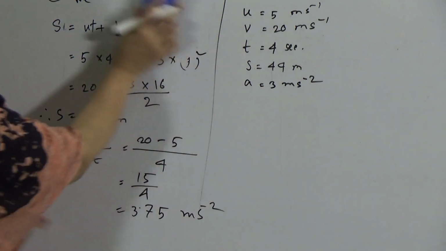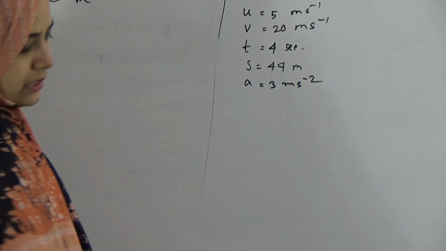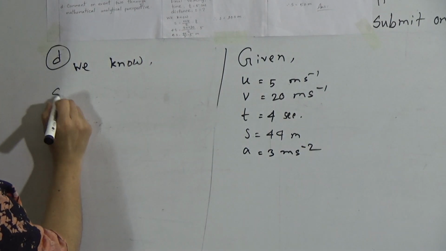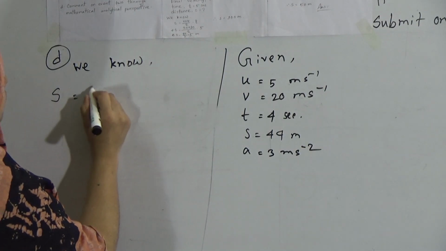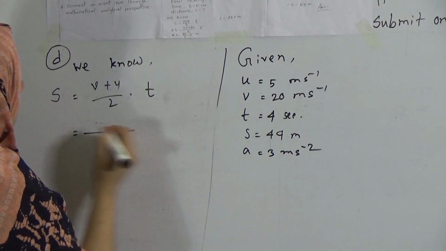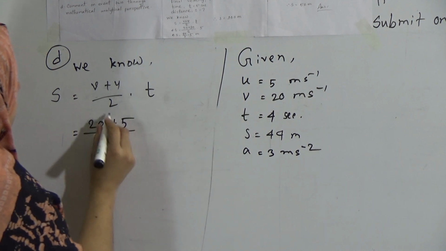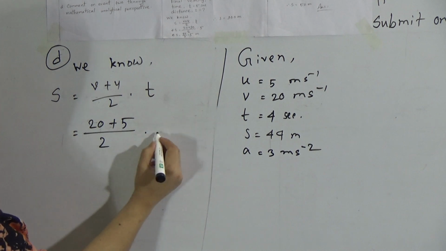My dear students, now again we will find out the distance. Distance S equals, again we know, (V plus U) divided by 2, into T. Here V is 20, U is 5, divided by 2, into T is 4.